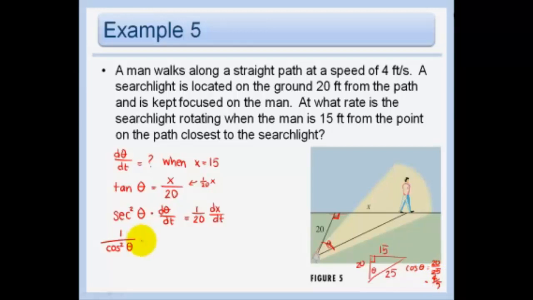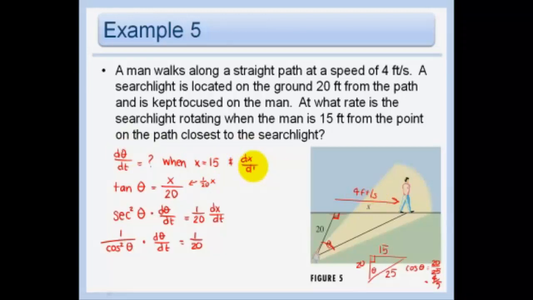And so let's just keep with this. d theta/dt is what we're trying to solve for, equals 1 over 20 dx/dt. And what was dx/dt? I forgot to write that down. Let's read the problem again. A man walks along a straight path at a speed of 4 feet per second. So he's going this way at 4 feet per second, meaning dx/dt was 4.